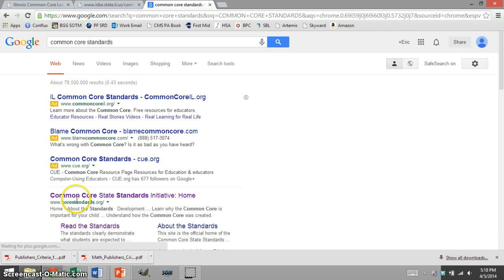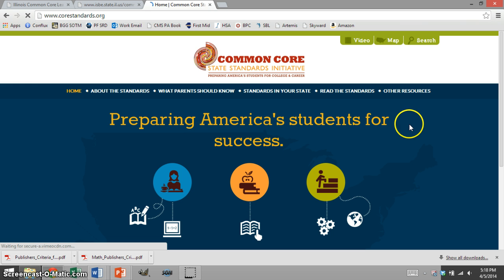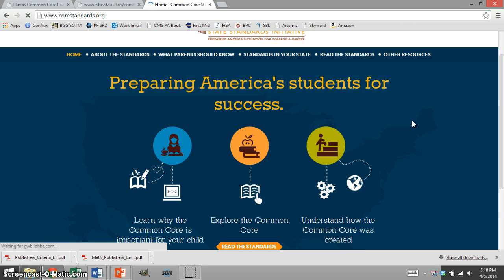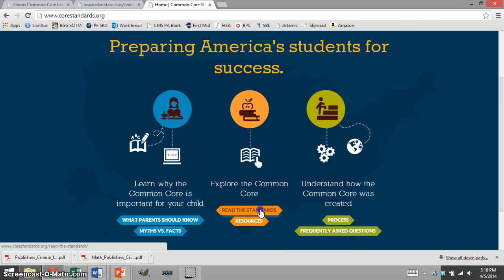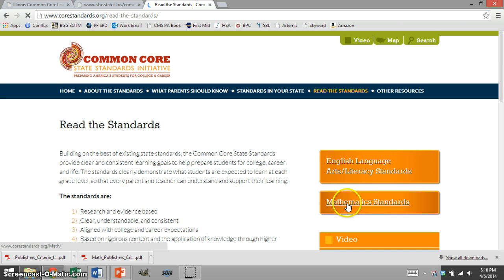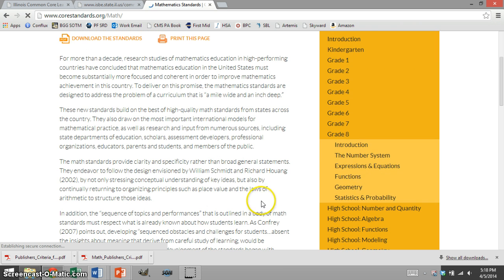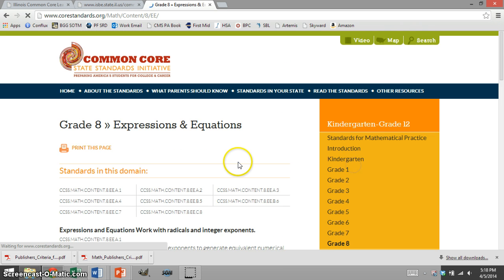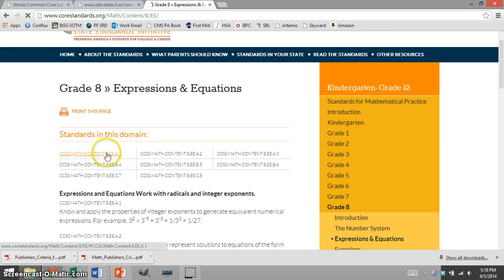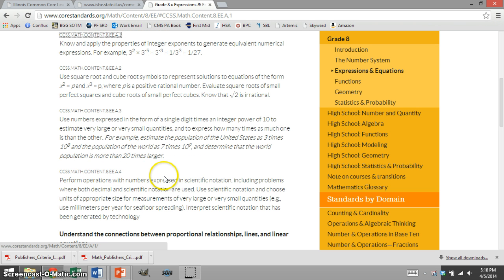Apparently my caps are on as well. So if we go to the new Common Core web page here, you can just click on Read the Standards, and of course they're over here. We got the math standards here, and let me just take a look at 8th grade, and we said 8EE1. Okay, so here's 8EE1. Know and apply the properties of integer exponents to generate equivalent numerical expressions.